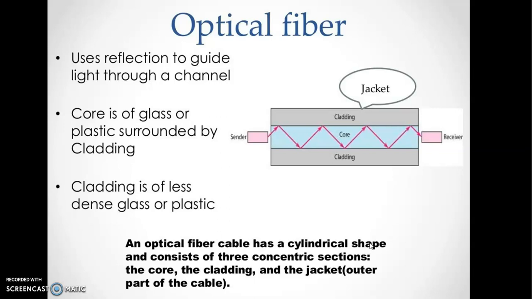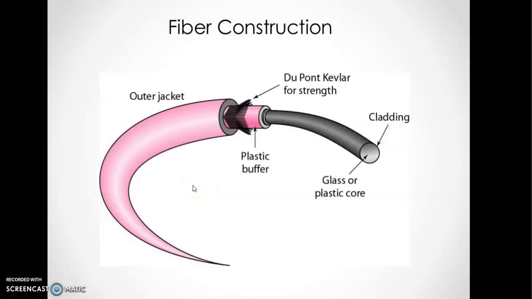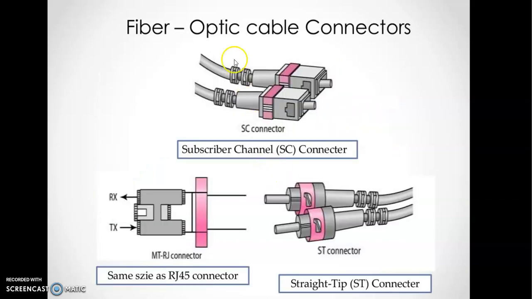Optical fiber uses reflection to guide light through a channel. The core is of glass or plastic. Cladding is a less dense glass or plastic. This is the complete construction. It has outer jacket, strength member, cladding, core, plastic buffer.